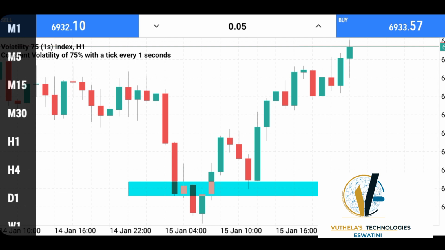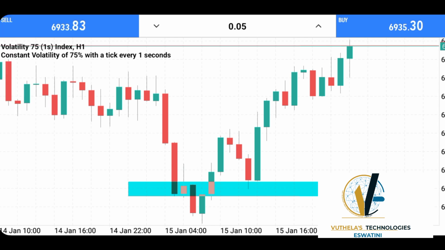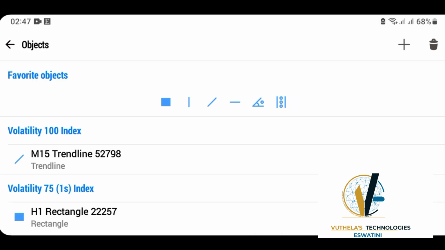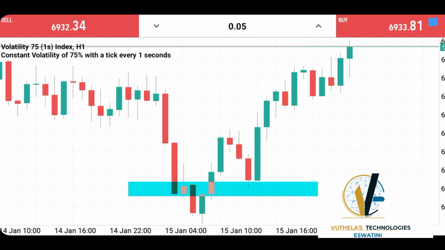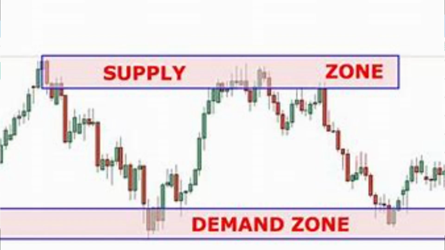Let me highlight it for you. This one is a demand zone. Okay, you are able to identify these things because this is a supply zone and this is a demand zone.